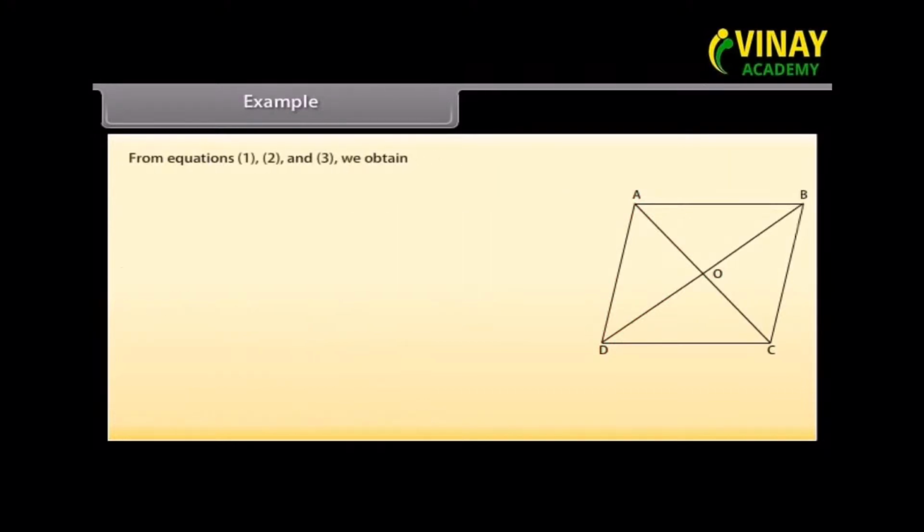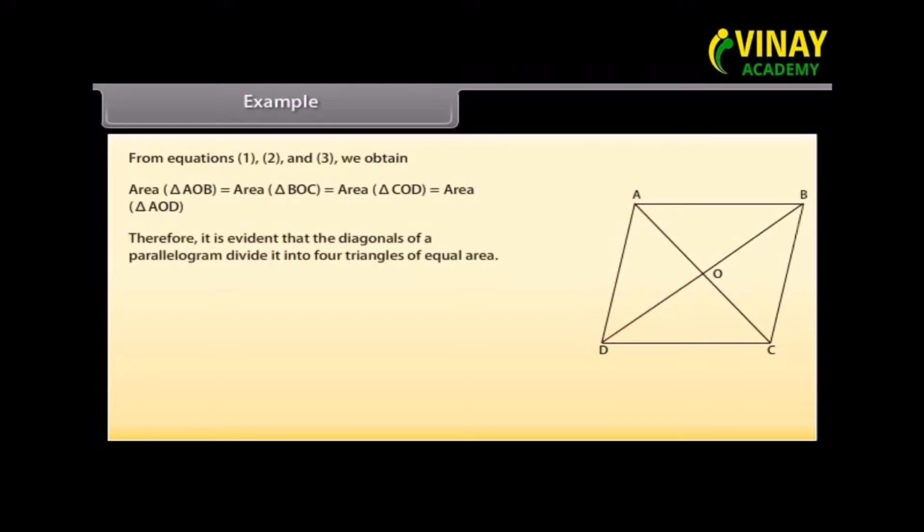From equations 1, 2, and 3, we obtain area of triangle AOB is equal to area of triangle BOC, which equals area of triangle COD, which is equal to area of triangle AOD. Therefore, it is evident that the diagonals of a parallelogram divide it into four triangles of equal area.